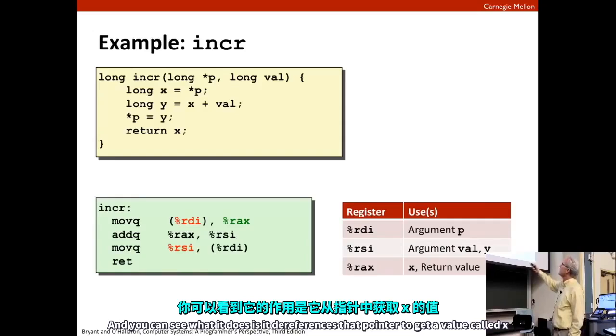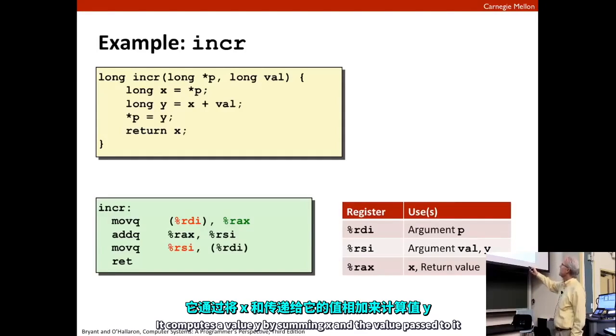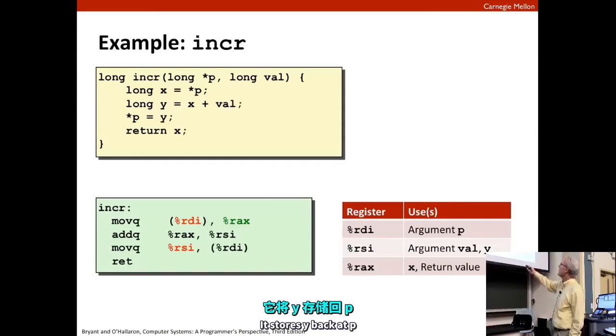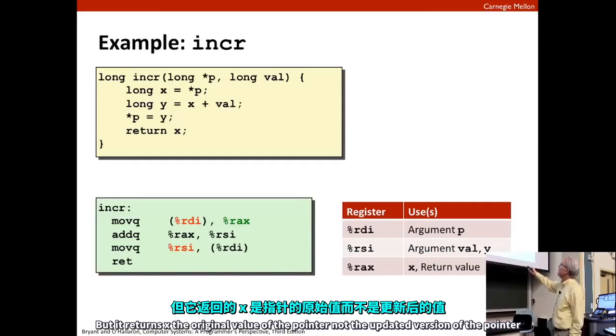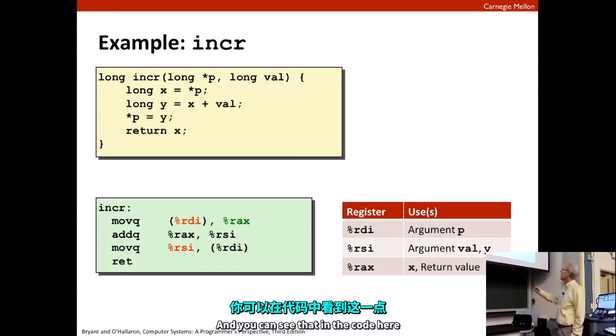And you can see what it does is it dereferences that pointer to get a value called x. It computes a value y by summing x and the value passed to it. It stores y back at p, but it returns x, the original value of the pointer, not the updated version of the pointer. And you can see that in the code here.